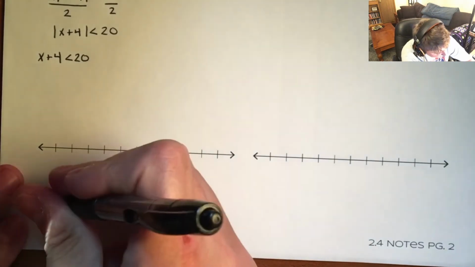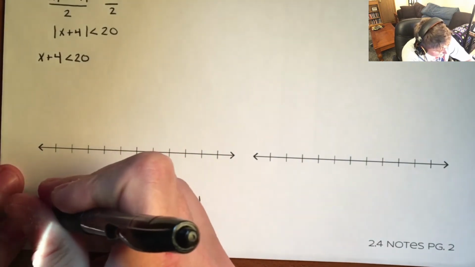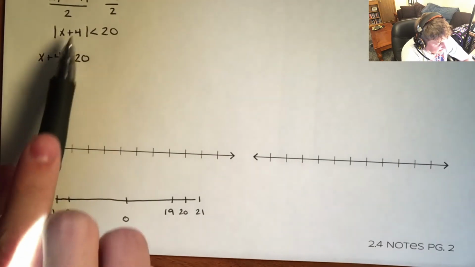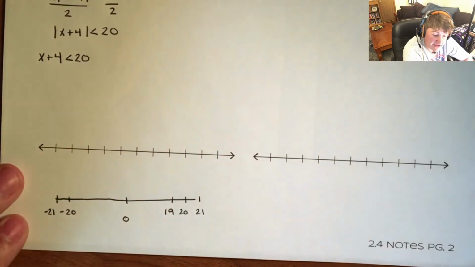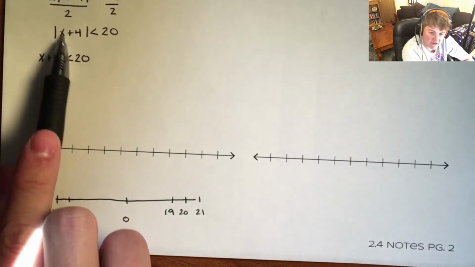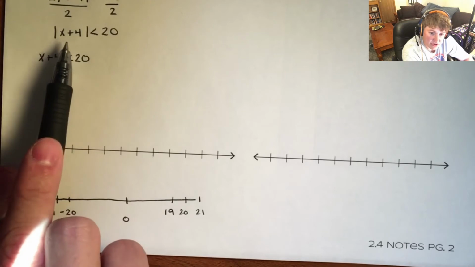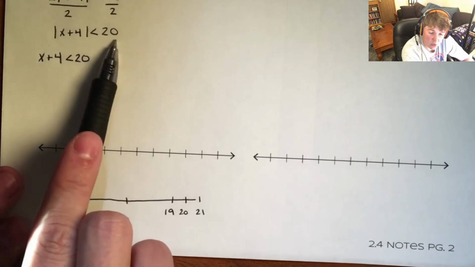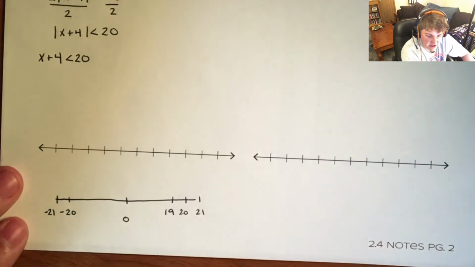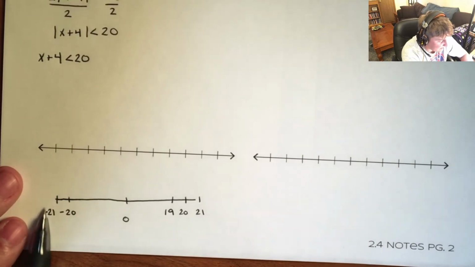So what if I have negative 21? Let's say this whole inside part here is negative 21. Well, when I take the absolute value of negative 21, that's going to be 21. So would 21 be less than 20? No, it would not. So I know that my answer can't be to the left of negative 20.